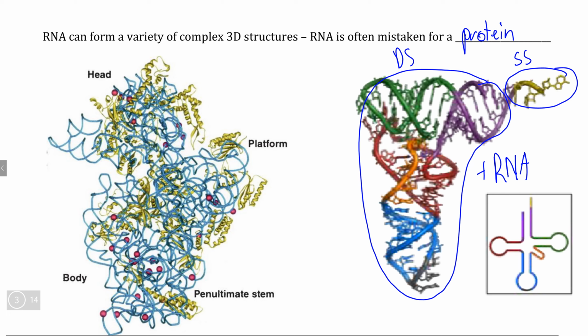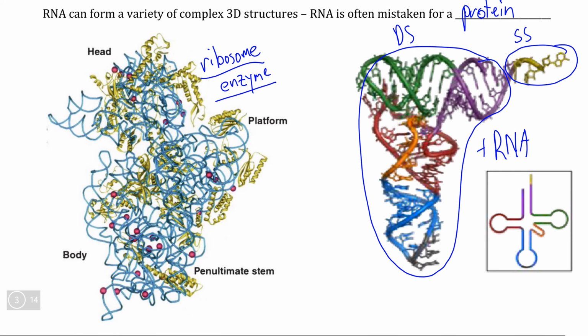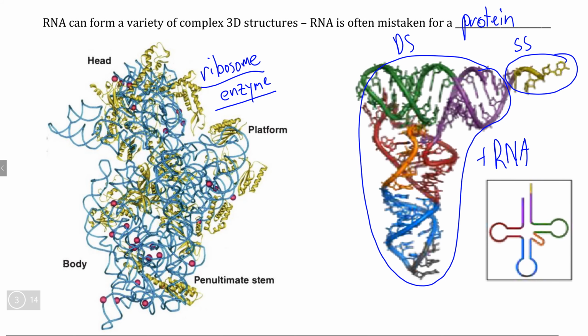Now, this complicated structure here that looks very much like a protein is a structure that is part of the cellular organelle called ribosomes, and ribosomes actually function as a type of enzyme, but not an enzyme that is made out of protein. Ribosomes, rather, are actually made almost entirely out of RNA, which distinguishes it from the double helix of DNA.